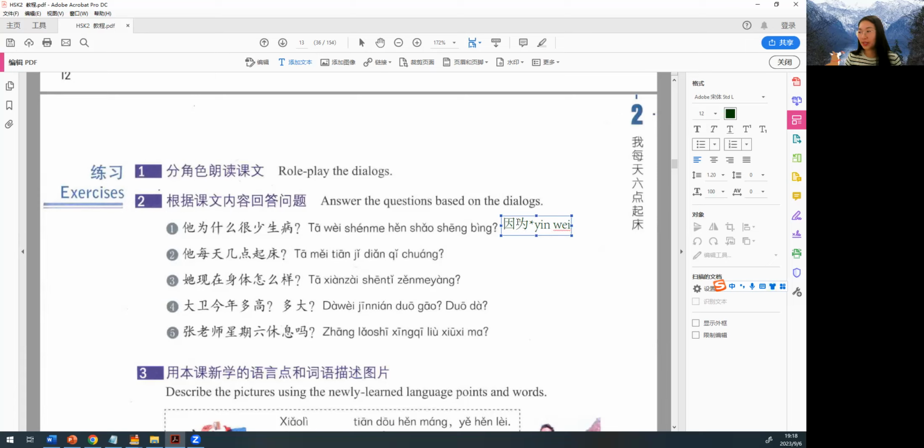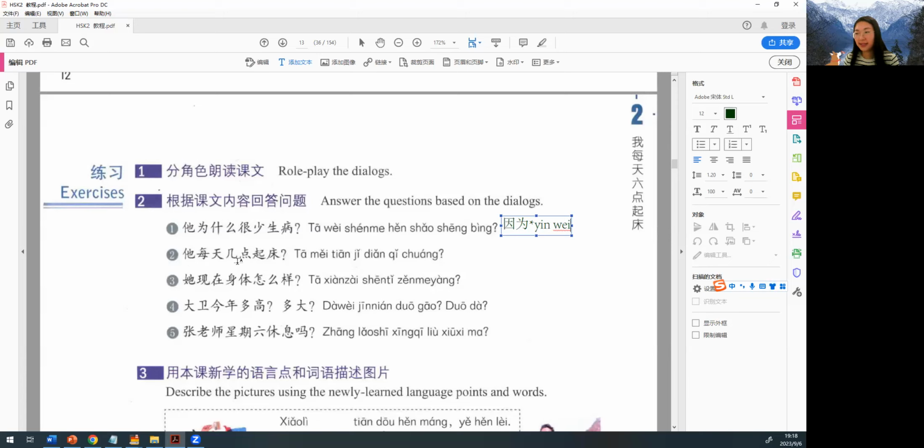We can use 因为 to start our answer. So 他为什么很少生病？Why does he seldom get sick? 因为他喜欢运动, because he likes sports. He likes doing sports.